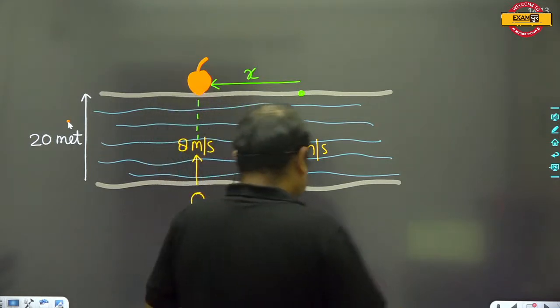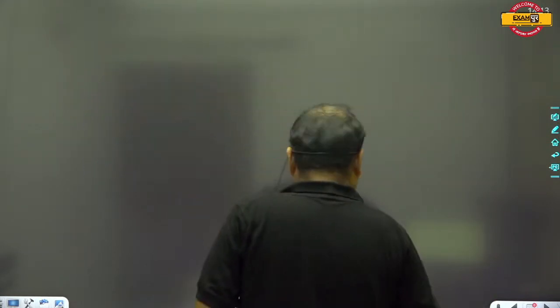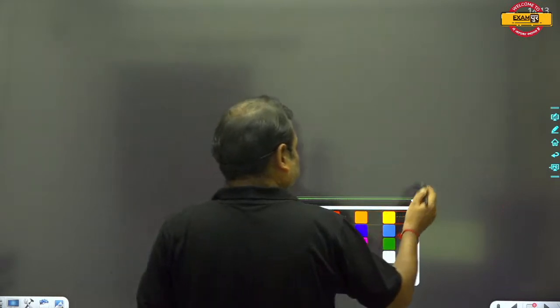Okay, so let's continue with the law of conservation of linear momentum. What is the law of conservation of linear momentum? Friends, when we talk about conservation, it means to save something. If a body remains the same for a long period of time without any change, it means the body has been conserved.